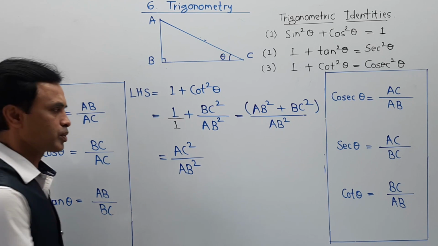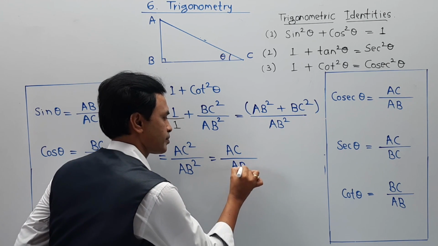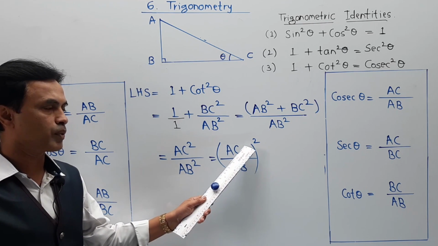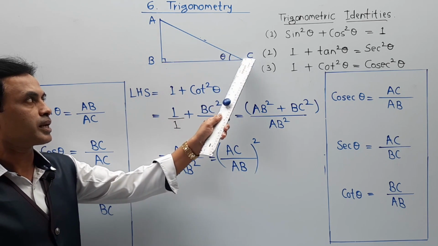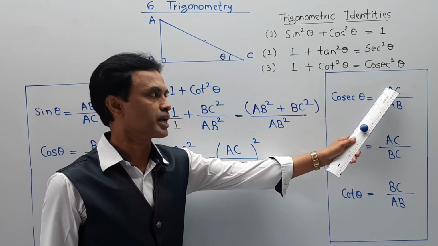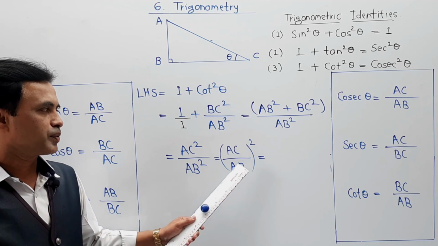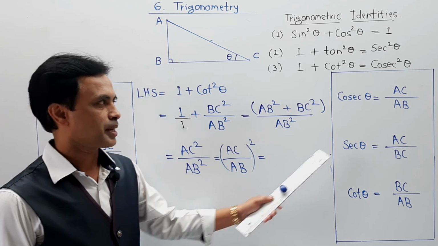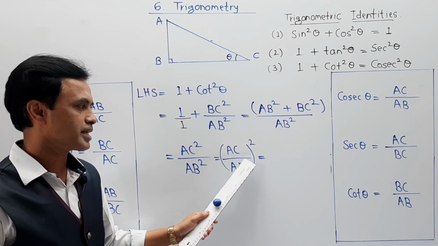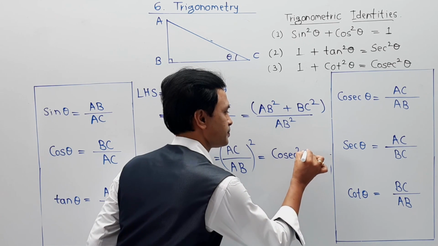But AC square upon AB square you can simply say is (AC upon AB) whole square. Now what is meant by AC upon AB? Here AC upon AB is nothing but cosec theta, because cosec theta is nothing but AC upon AB. Naturally (AC upon AB) whole square is nothing but cosec square theta.